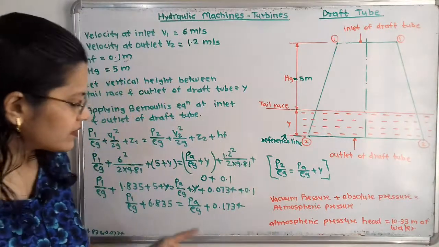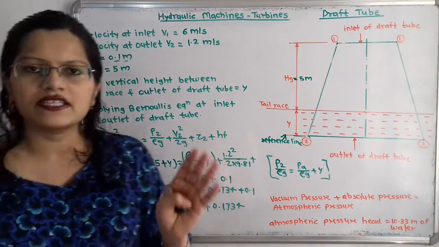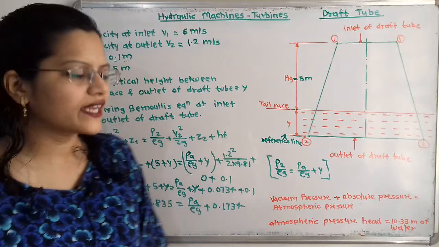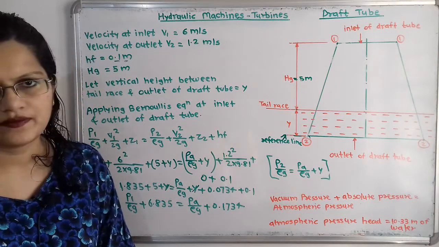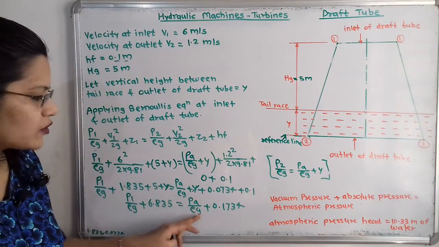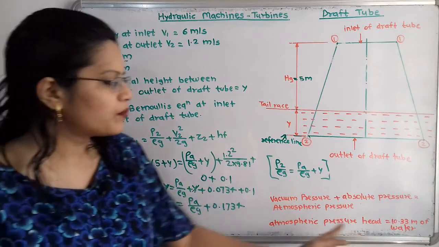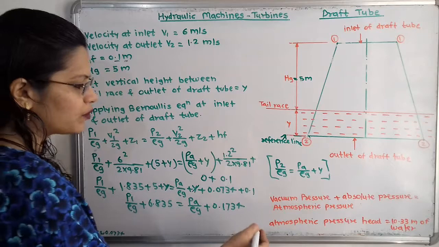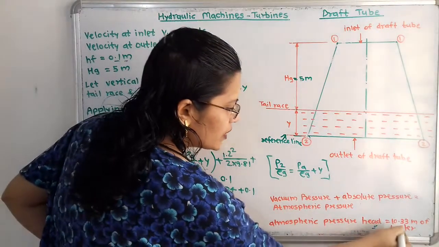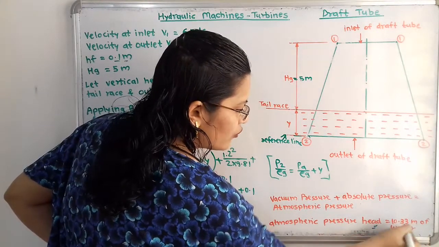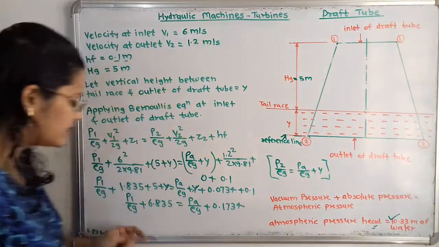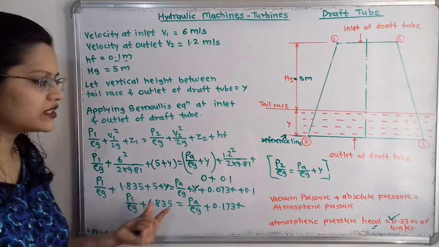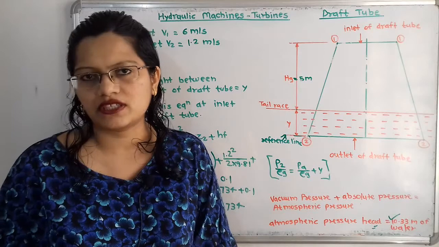If we take the atmospheric pressure head equal to 0, then we get the vacuum pressure head. And if we take the atmospheric pressure head as 10.33 meter of water, remember that this atmospheric pressure head we have to take in meter of water, then we get this pressure head P1 by rho g in the form of absolute pressure head.